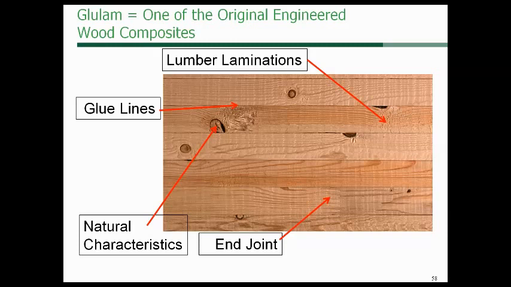You can also see the lumber laminations are called out in this picture, as well as the glue lines. They're pretty straightforward. One other thing that's called out in this illustration is the end joint. And if you look closely there, you can see that this is an example of a piece of finger-jointed lumber. And that's fairly typical. So they'll use finger-jointed lumber to use the smaller sections to make a much larger overall member.